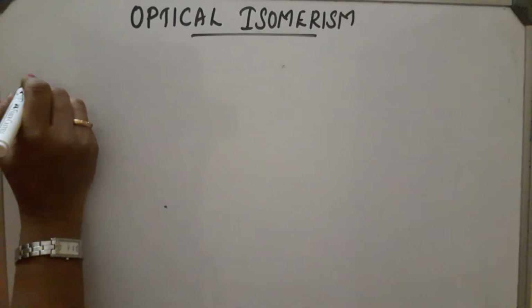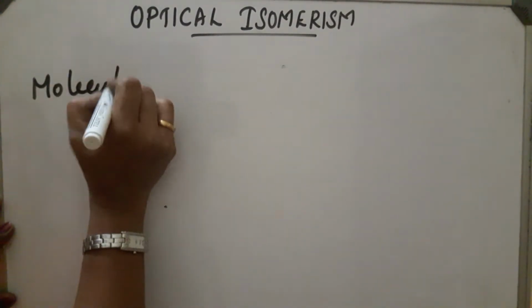What do you mean by molecular asymmetry and chirality?